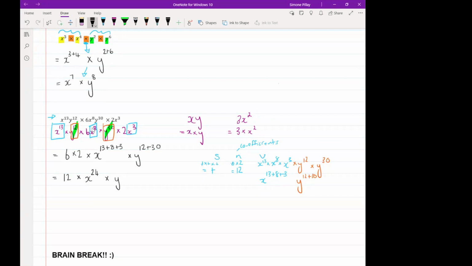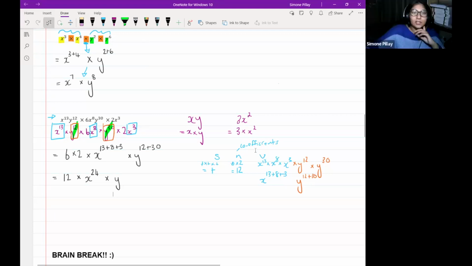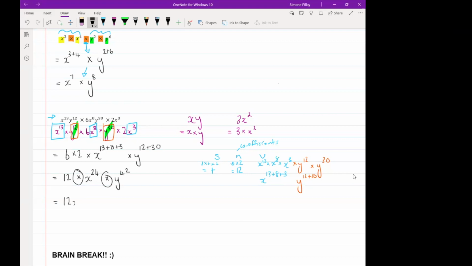It's 42, ma'am. 42, good job. And we could leave our answer as this, but this kind of looks ugly to me. I know I can remove these multiplications and I can just write my answer as 12 x to the power of 24, y to the power of 42.